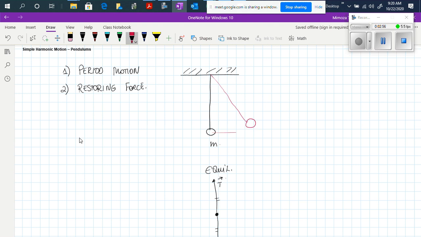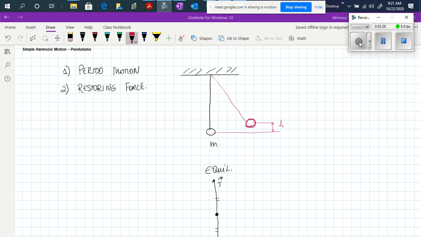So now what we see here is that there is a change in the mechanical energy of the object with mass m. What type of energy are we giving to the object? Okay, gravitational potential.